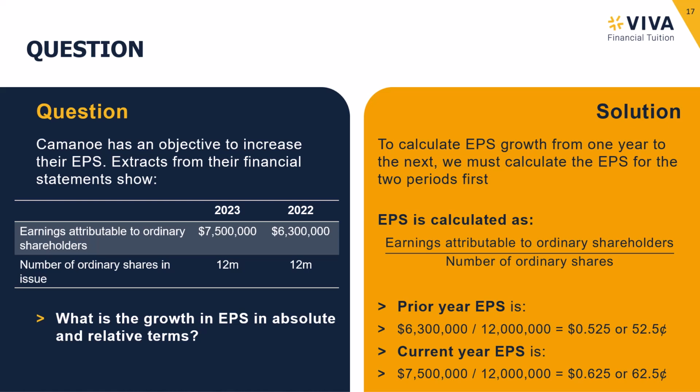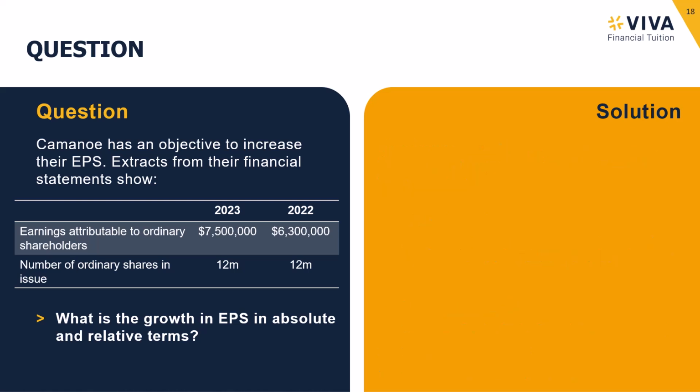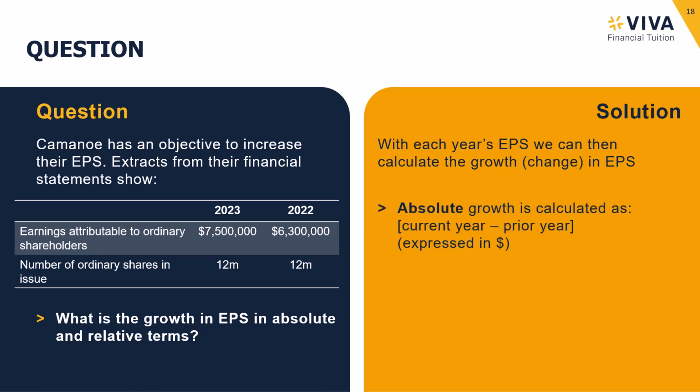This year, we would take the 7.5 million in terms of our earnings and again divide that by the 12 million shares. So we can see that there has been some growth in our earnings per share because it's gone from 52.5 cents to 62.5 cents in the current year. Now, we can see that the growth has taken place in absolute terms.